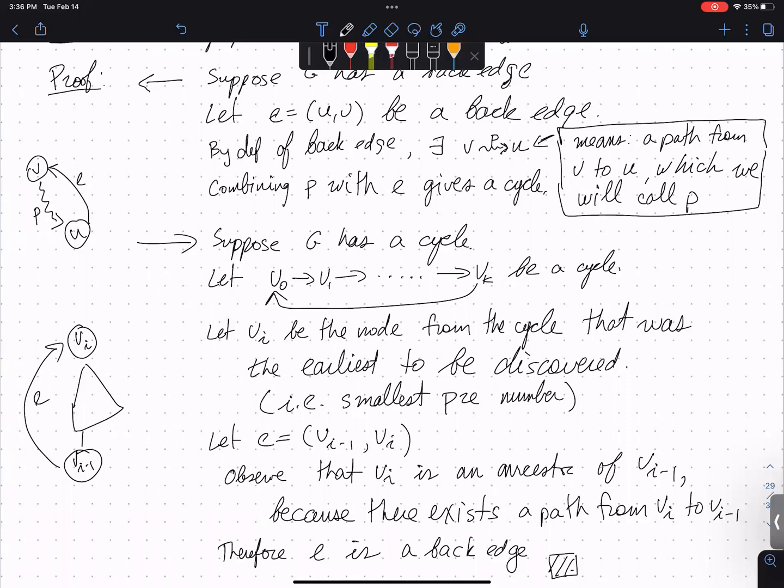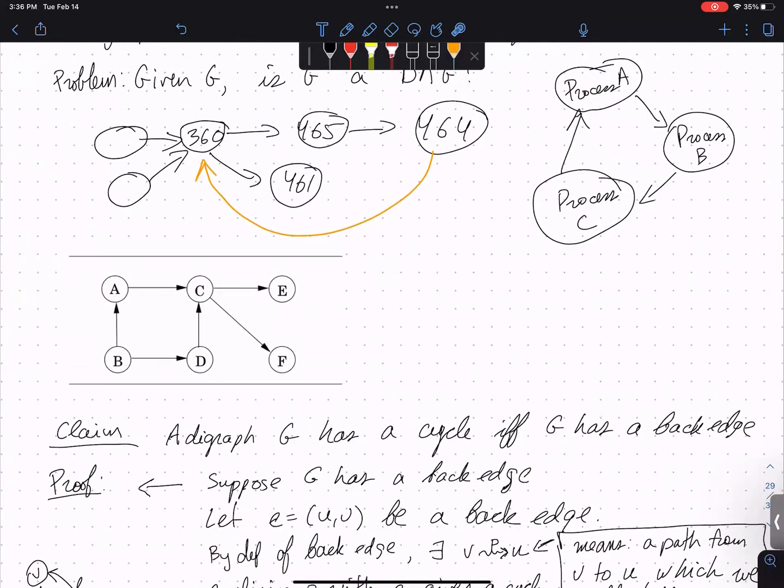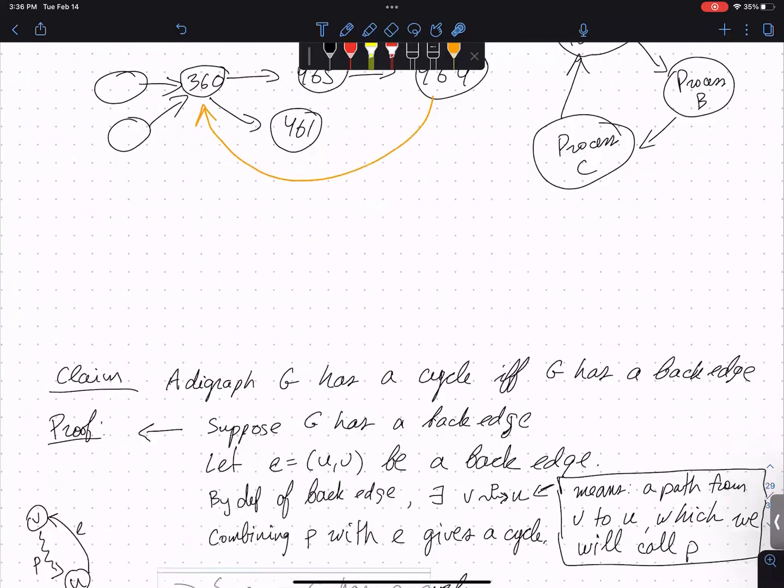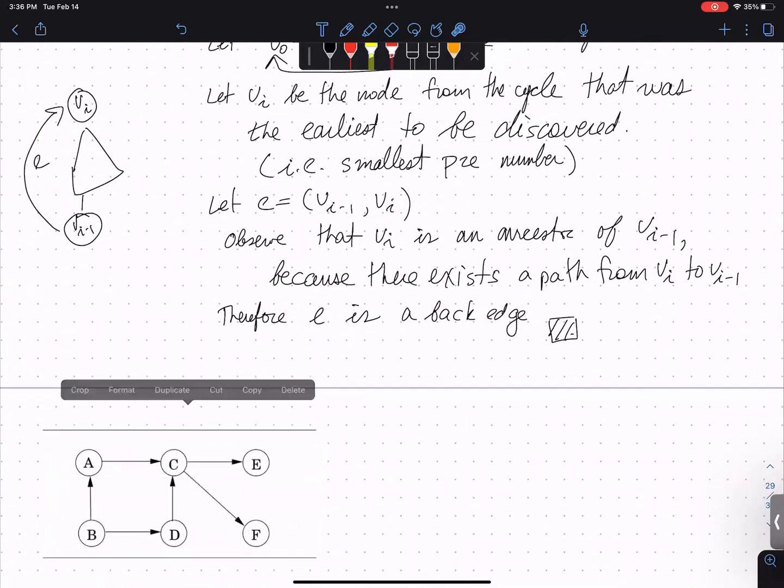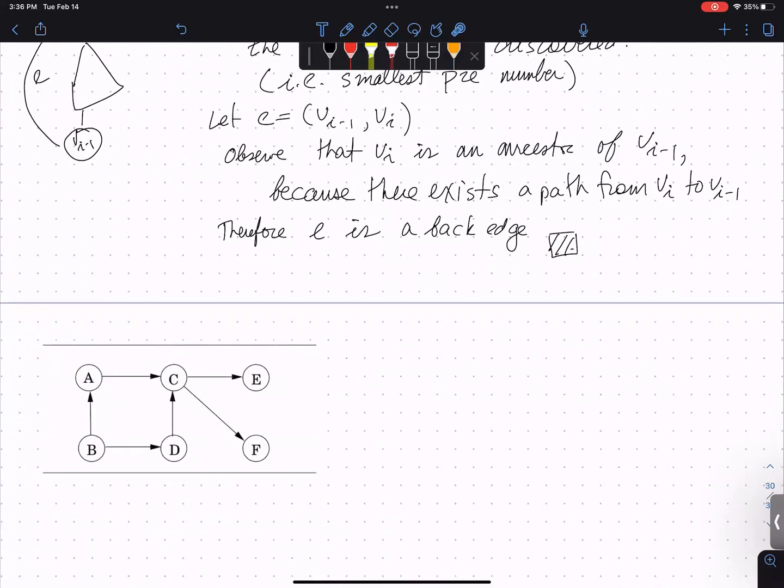Other questions? Yeah. Pre number. Right, so we can do this example here. Let me move this guy. Let's do a DFS on here.